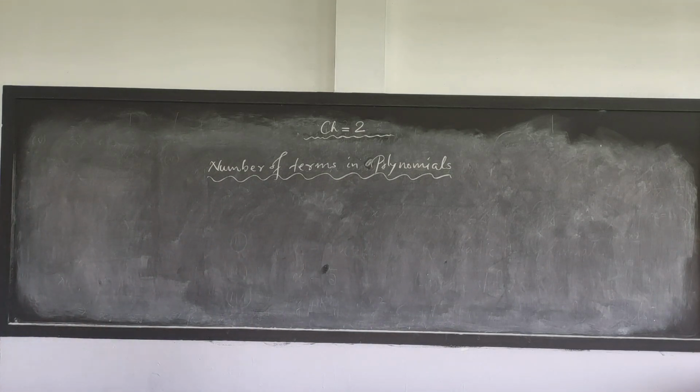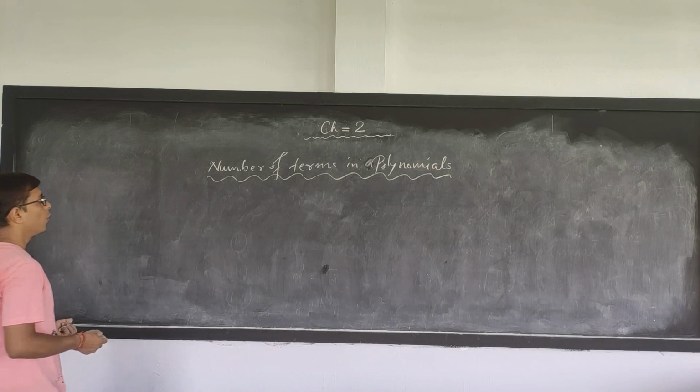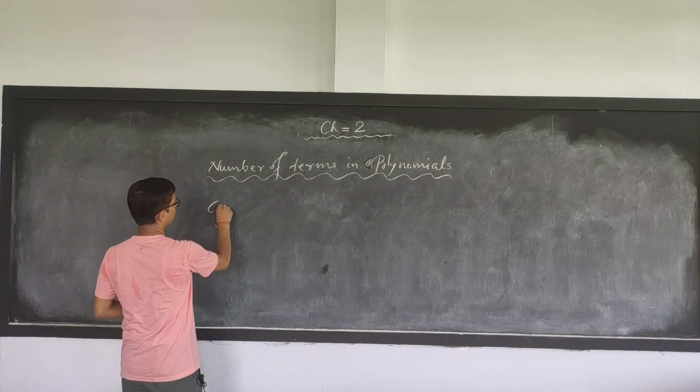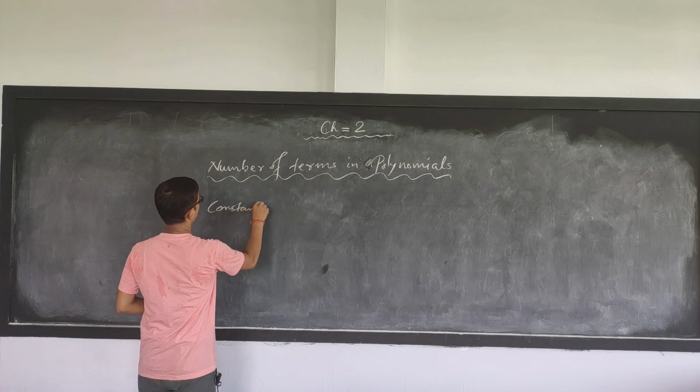You can write the definition of constant polynomial. A polynomial containing one term only, consisting of a constant, is called a constant polynomial. A polynomial containing only one term, and the term is a constant itself, such type of polynomials are known as constant polynomials.